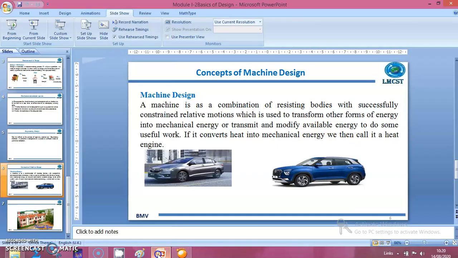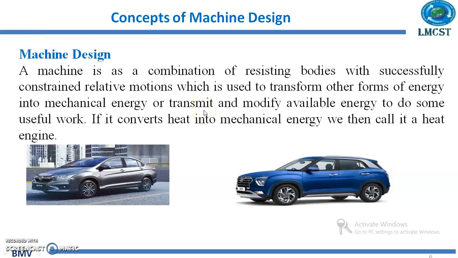So here we have seen that the engine has a number of components such as connecting rod, piston, cylinder, then the crankshaft, inlet and exhaust valve, then camshaft, then the belt. All these components are designed and manufactured separately, and we assemble them together, and it functions, and we get the power output.